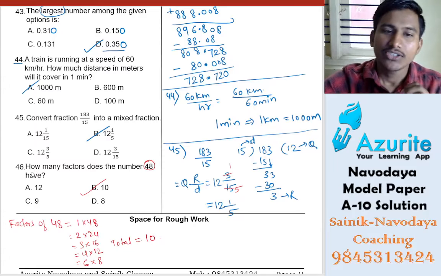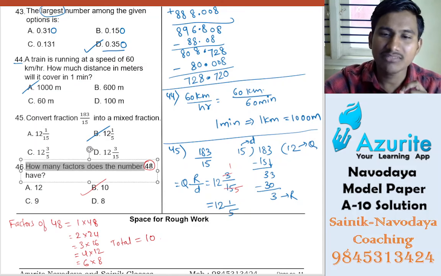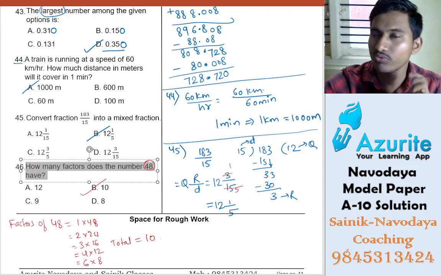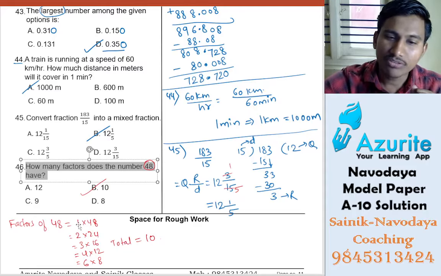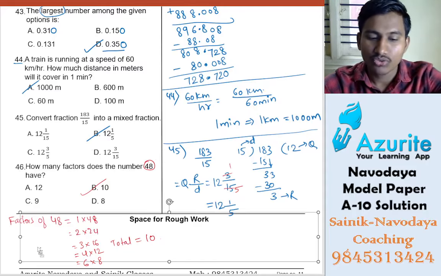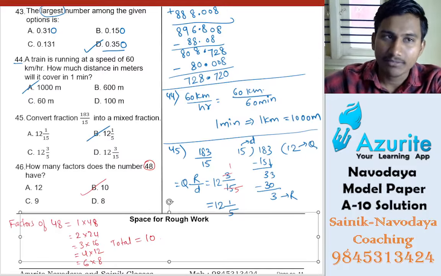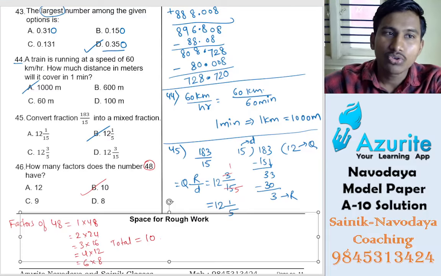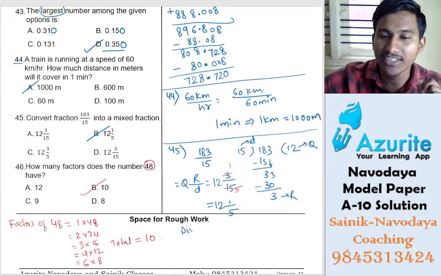So next, question 46. What is the question? How many factors does the number 48 have? We know factors means what will divide. If you divide 48 by 1, the answer is 48. 48 divided by 1 means 48.